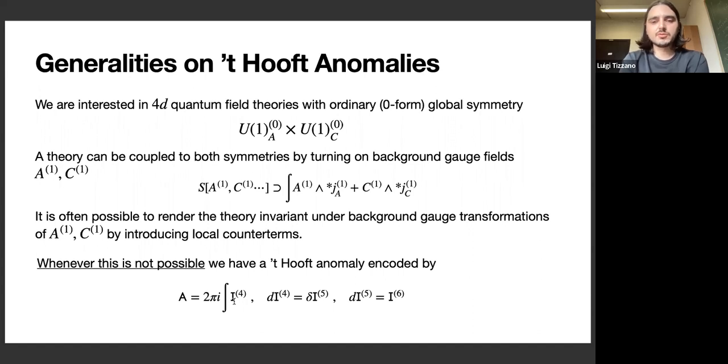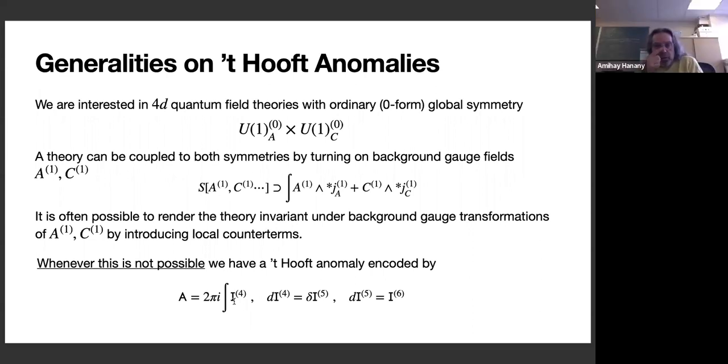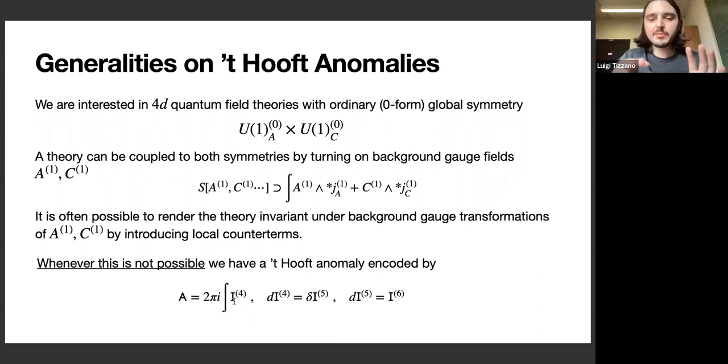This is in contrast to more ordinary examples of anomalies where we can also have operatorial violation of the background gauge of the global symmetry variation. And so I want to distinguish these 2 things, but I'll be even more specific in a bit. So if you wait a second, you'll see. Okay, so you say it's not Adler-Bell-Jackiw. Yes, exactly. I'm going to be extremely specific if you give me 1 second.